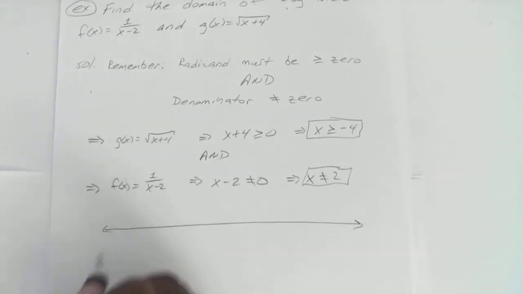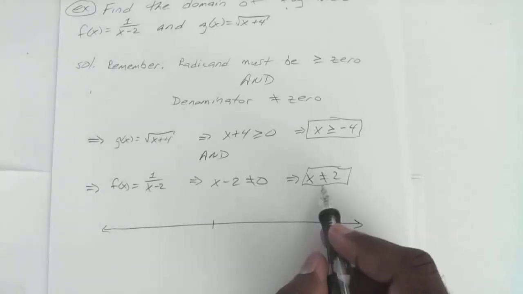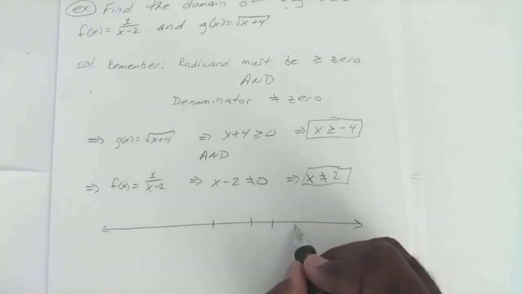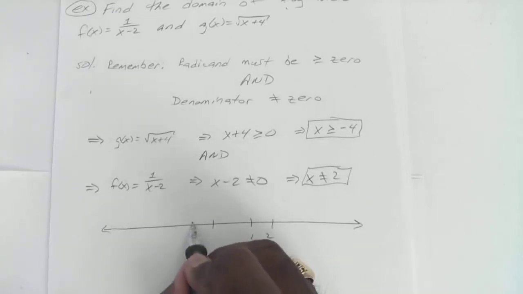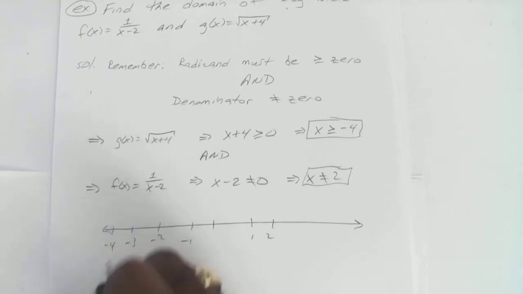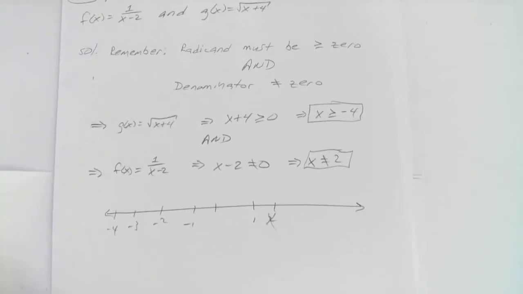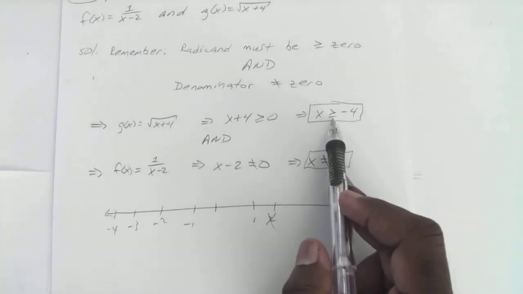And for me, I always draw out a number line just because it clears things up. Okay, so we know that 1, 2, negative 1, negative 2, negative 3, negative 4. We know that x can't equal 2. So automatically we know that's out of the way. And we also know it has to be greater than or equal to negative 4.